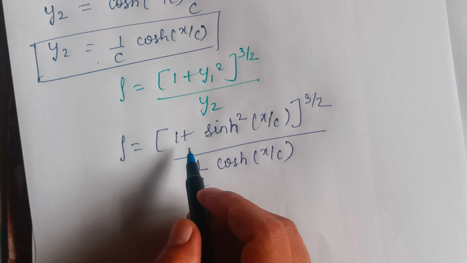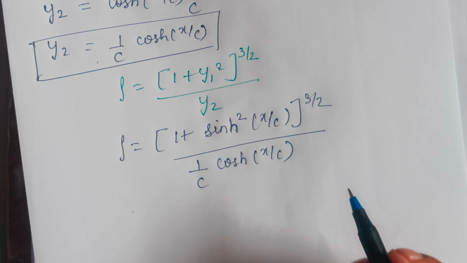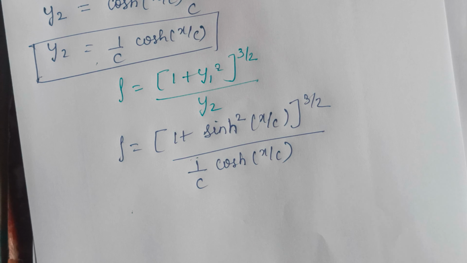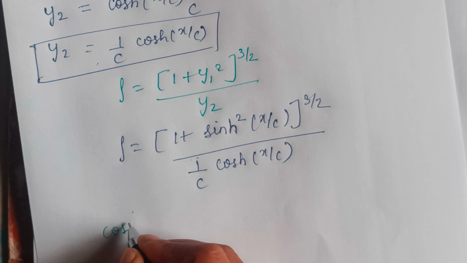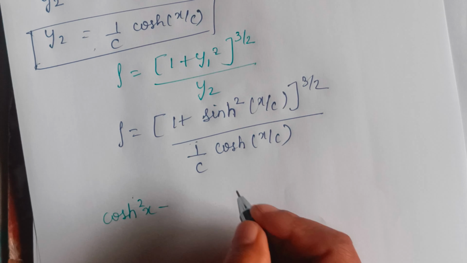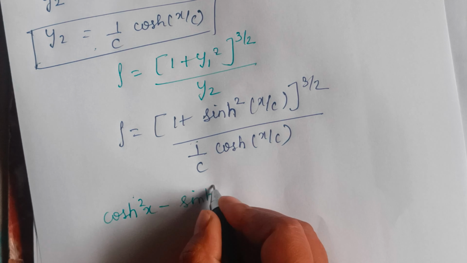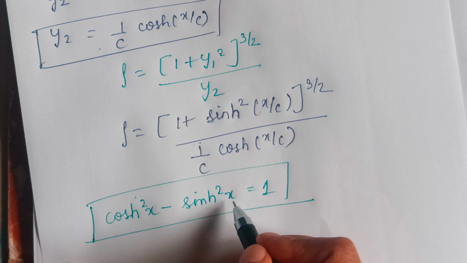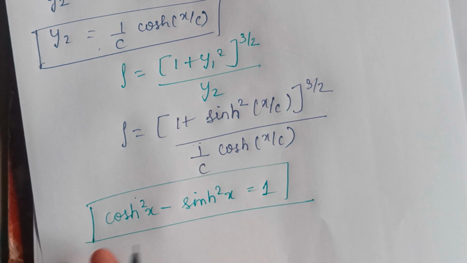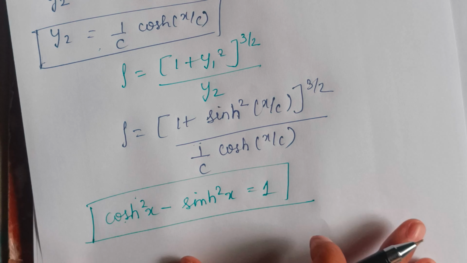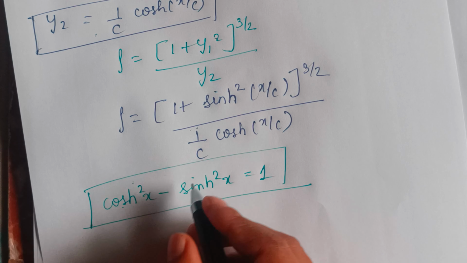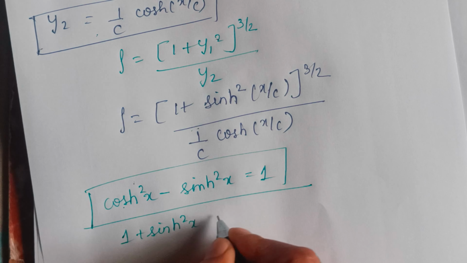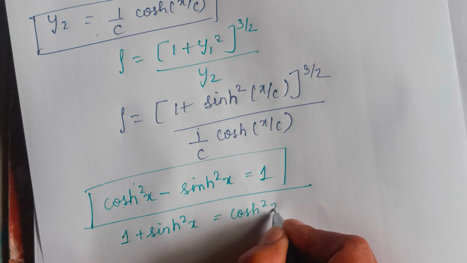So we know from the hyperbolic identities that cos hyperbolic square x minus sine hyperbolic square x equals 1. For sine and cos it is sine square x plus cos square x equals 1, but because this is hyperbolic, we have a different identity. So I can write 1 plus sine hyperbolic square x equals cos hyperbolic square x.